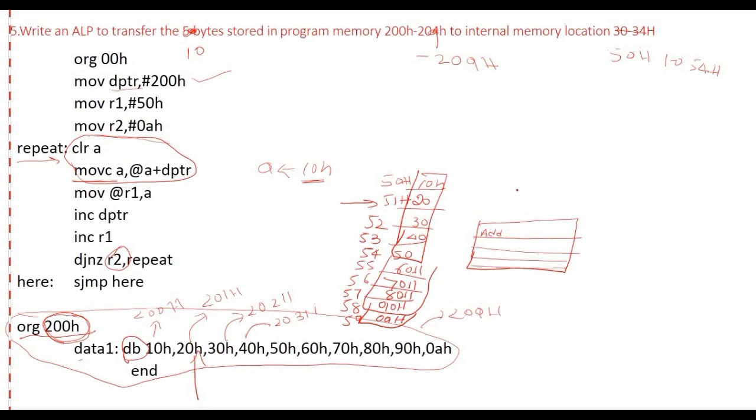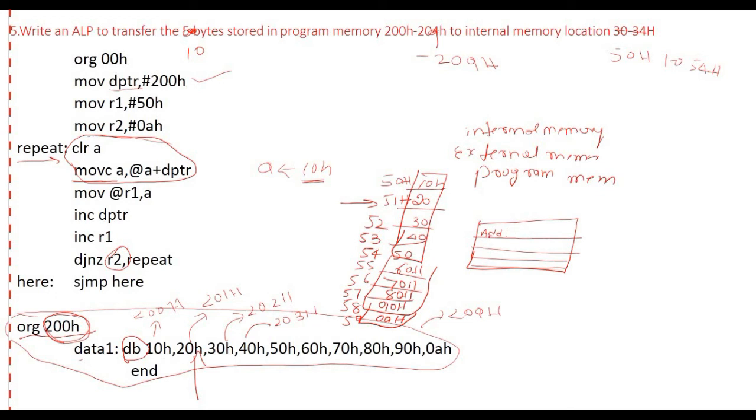Now we have three types of addresses: internal RAM, external memory, and program memory.